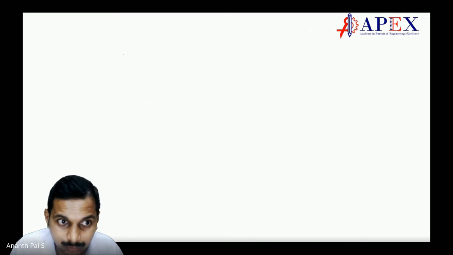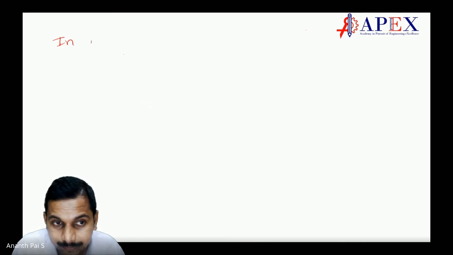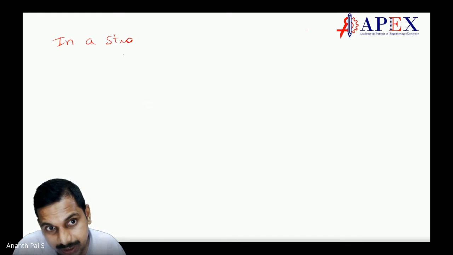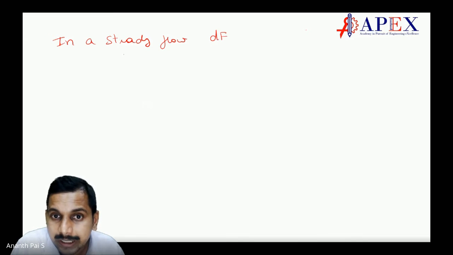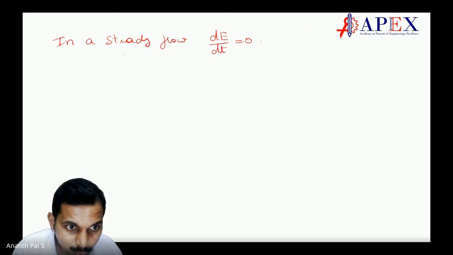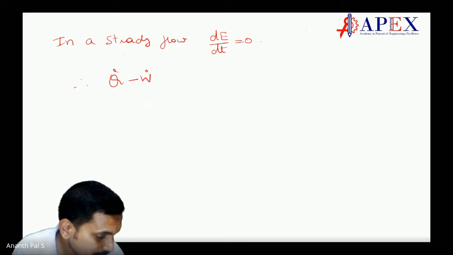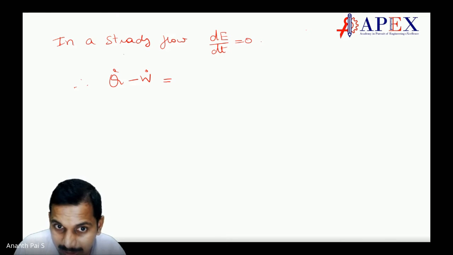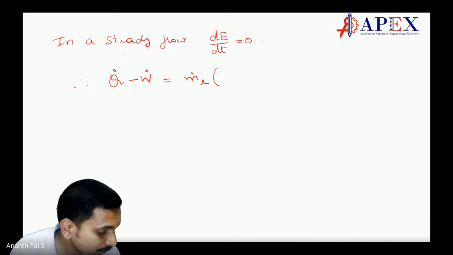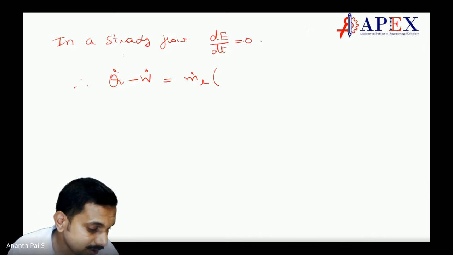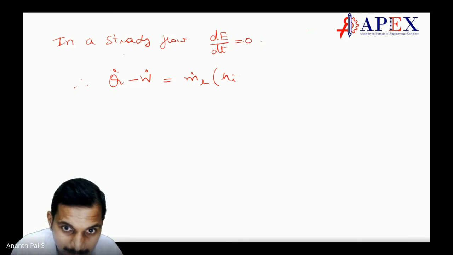So first of all, in a steady flow, dE by dt is equal to 0. Therefore, Q dot minus W dot would be equal to m dot exit into he plus ve square by 2g plus g ze, minus mi dot into hi plus vi square by 2g plus g zi.